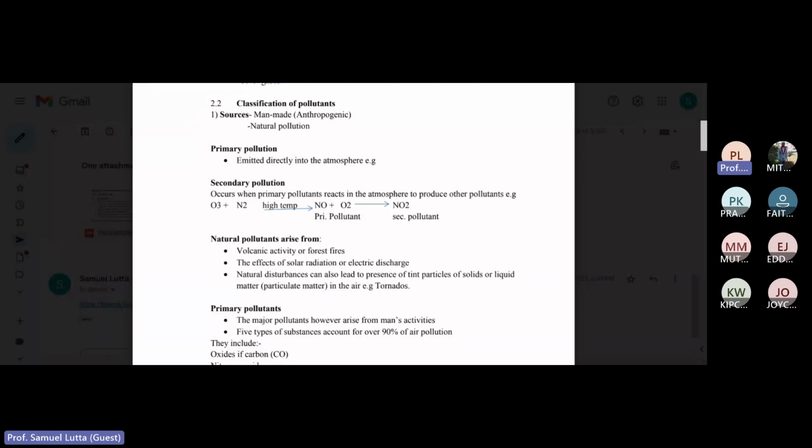So this one causes global warming. Volcanic activity, some of the products produced are sulfur dioxide and carbon dioxide. These are greenhouse gases and acid rain causing gases. You'll even get nitrogen monoxide and nitrogen dioxide, which take part in ozone depletion and also formation of photochemical smog.